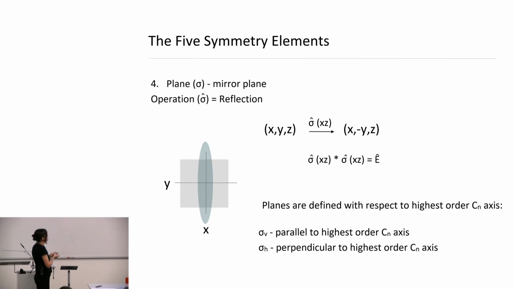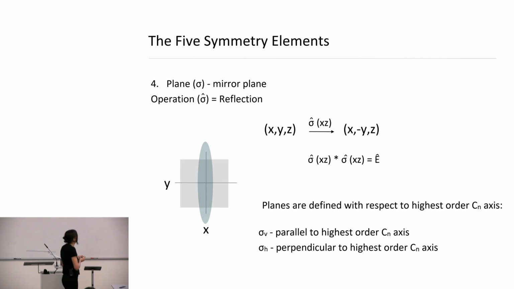And these planes are generally defined with respect to the highest order rotational axis, right? And so if I had that planar square, for instance, I would have a C4 axis and a plane perpendicular to that. That would be a sigma h when it's perpendicular to the highest order Cn axis. It's a sigma v when it's parallel.